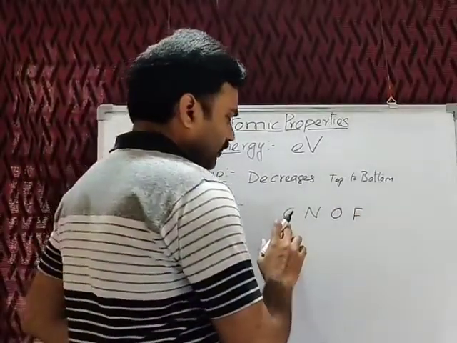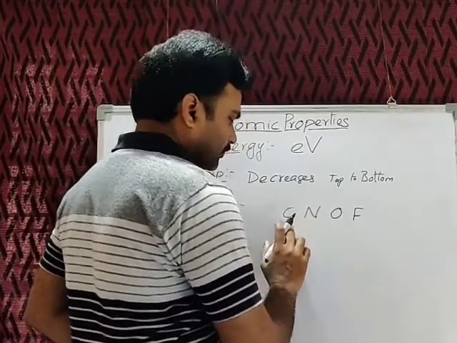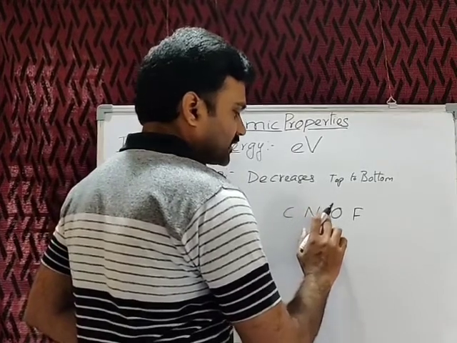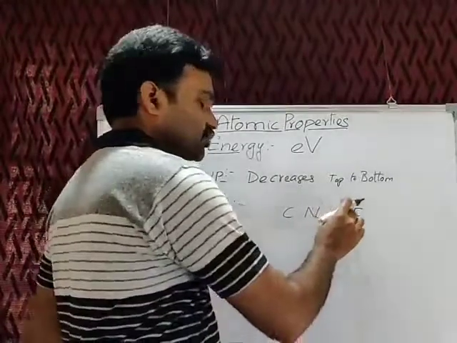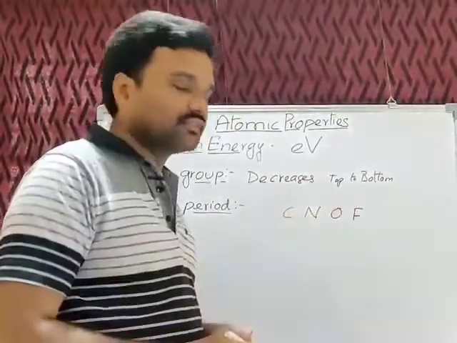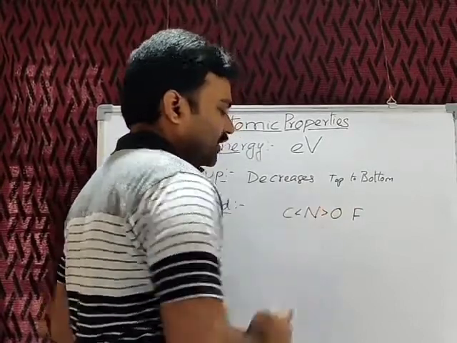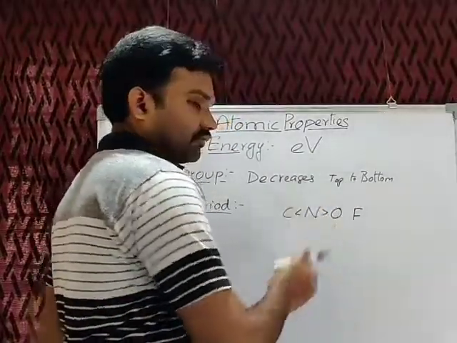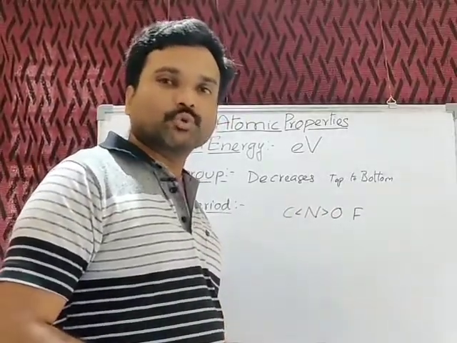But if you observe, as we are moving from left to right, carbon has, of course, less ionization energy than nitrogen, but nitrogen has greater ionization energy than oxygen. Actually oxygen should have greater as size is decreasing, but here nitrogen has a greater ionization value than oxygen. This is because of the half-filled configuration of nitrogen, when its configuration in the valence shell is 2s2 2p3.